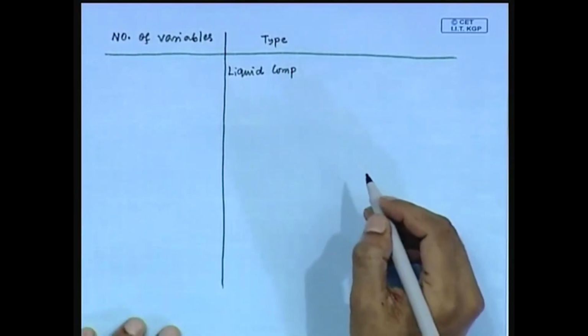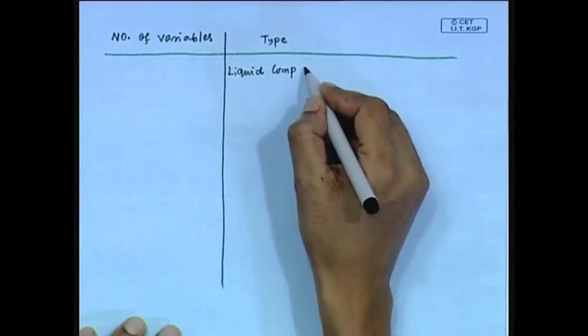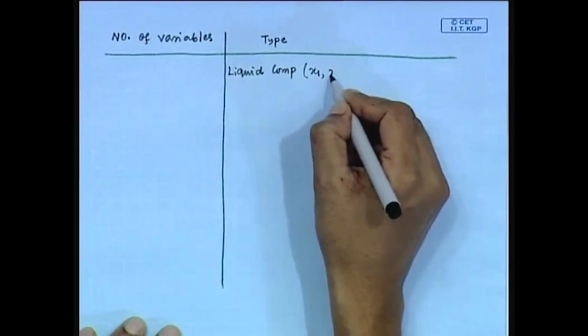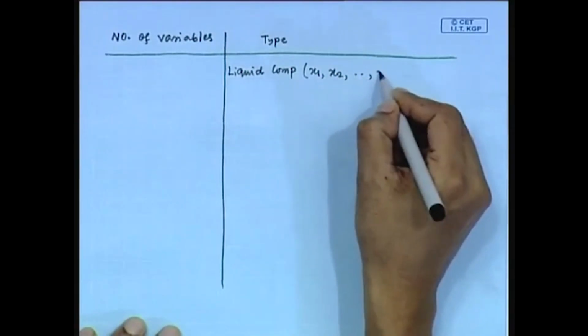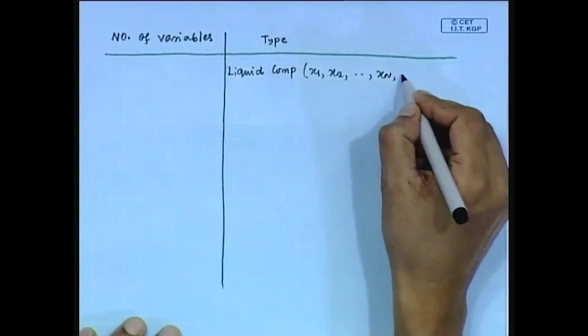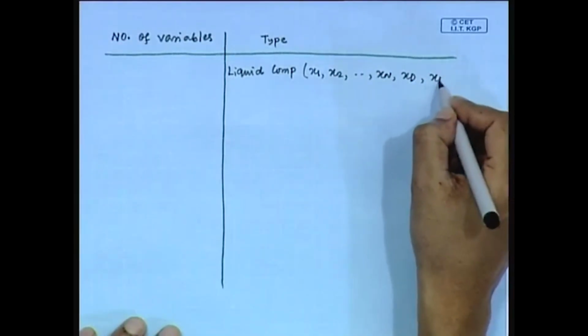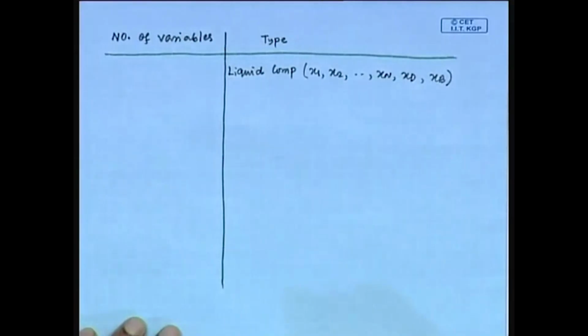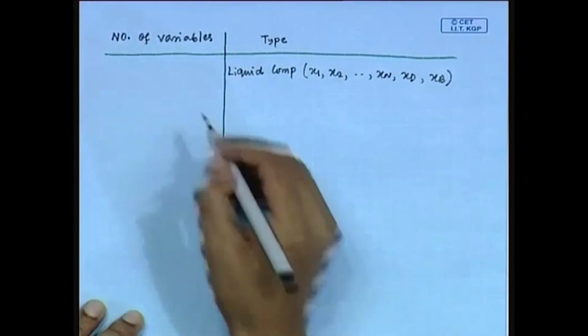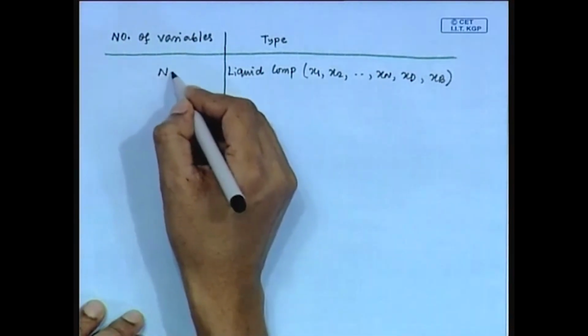How many liquid compositions are involved? X1, X2, up to Xn, one for reflux drum and one for column base. N number of liquid compositions for n trays, one for reflux drum and one for column base. So, n plus 2.